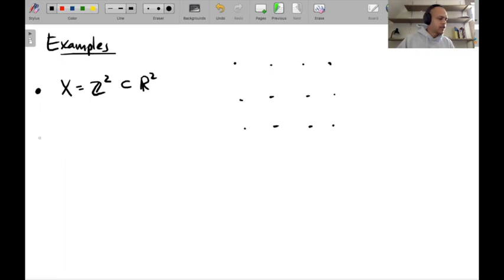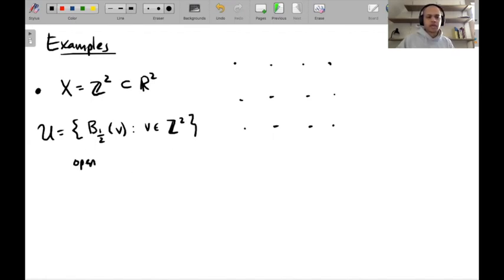And let's consider script U to be the set of balls of radius 1/2 centered at some point in Z squared in the lattice. So this is an open cover. It looks something like this.